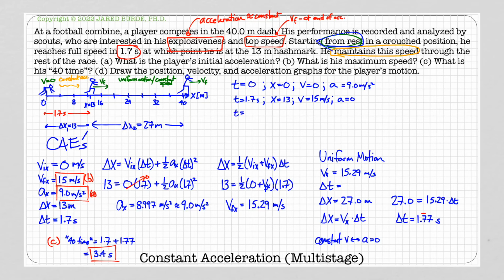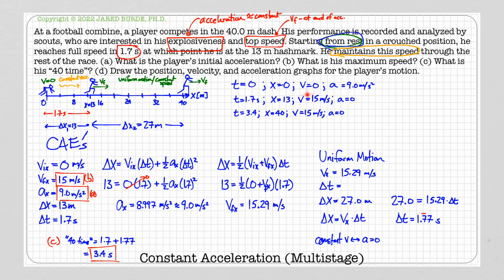And then for the second half of the race, going all the way out to 3.4 seconds, the total length of the race, we end up at the 40 meter mark at the end of the race. We maintain this constant speed the whole way, and our acceleration is 0 for that whole time. So we can go ahead and sketch these graphs. We need our time, our horizontal axis, to go from 0 to 3.4, and we need our position to go from 0 to 40.